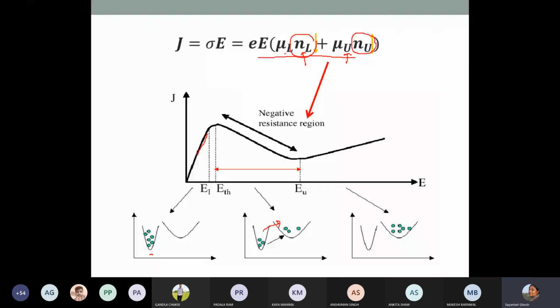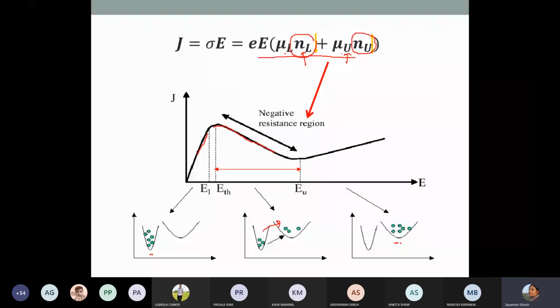So suddenly the current starts falling. Beyond this point, where all the electrons have moved to the upper valley, again there is no competition, and now the current can increase at a constant rate.